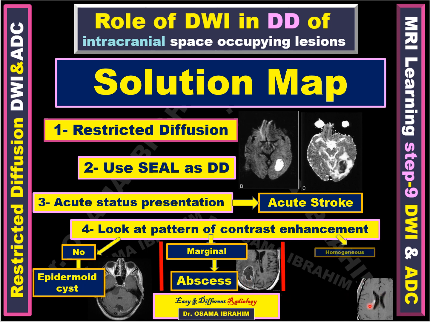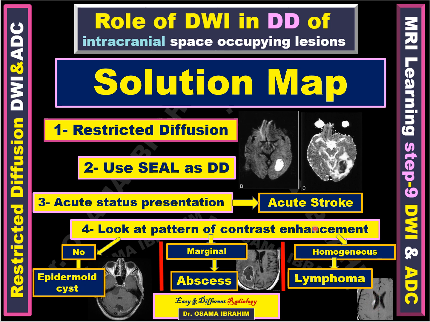However, if the enhancement is homogeneous and in a central location like this, homogeneous enhancement with restricted diffusion represents lymphoma. I hope I have provided you with clear knowledge about MRI signal and the role of diffusion restriction in the differential diagnosis of intracranial space occupying lesions. That is all about that.